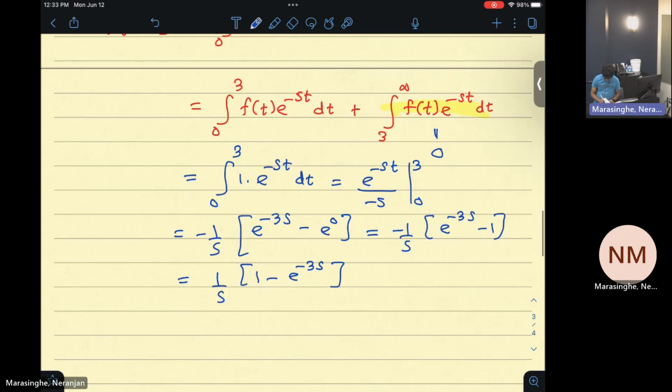This is the Laplace transform of the function f of t. Any questions?